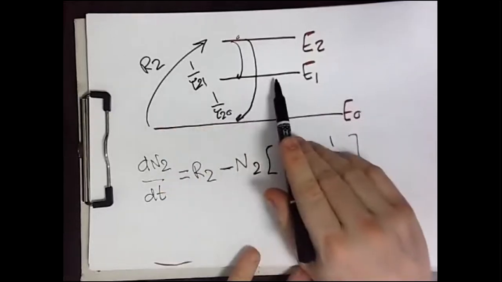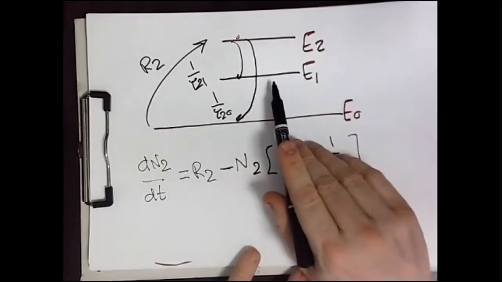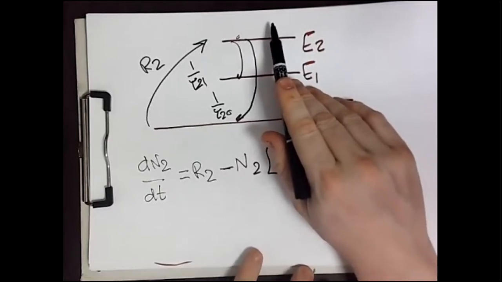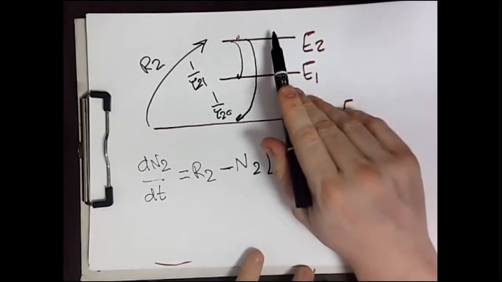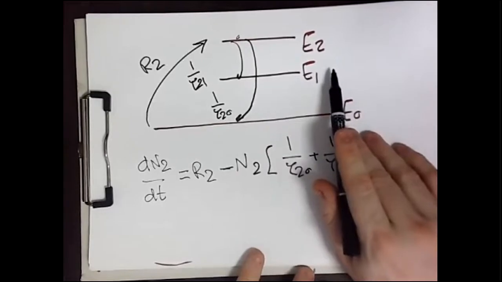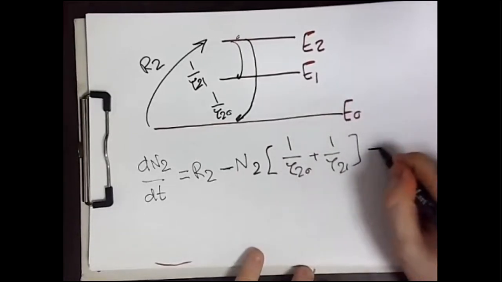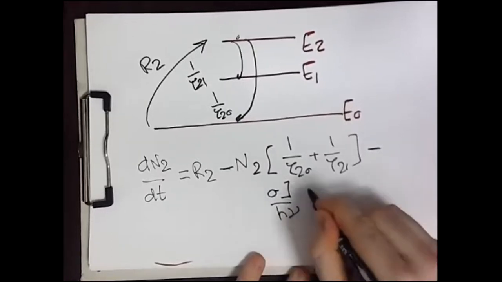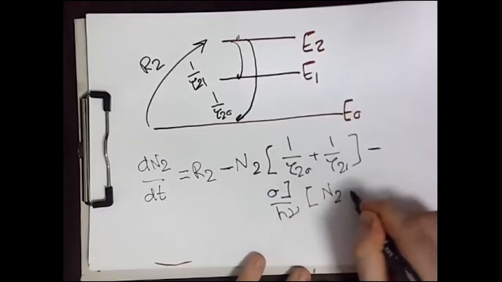So either we have an electron in E2 and it is absorbed and goes to E1, or we have an electron in E1 and it drops to E2 and produces a stimulated emission photon. So we will add the term negative sigma I over h nu, N2 minus N1.